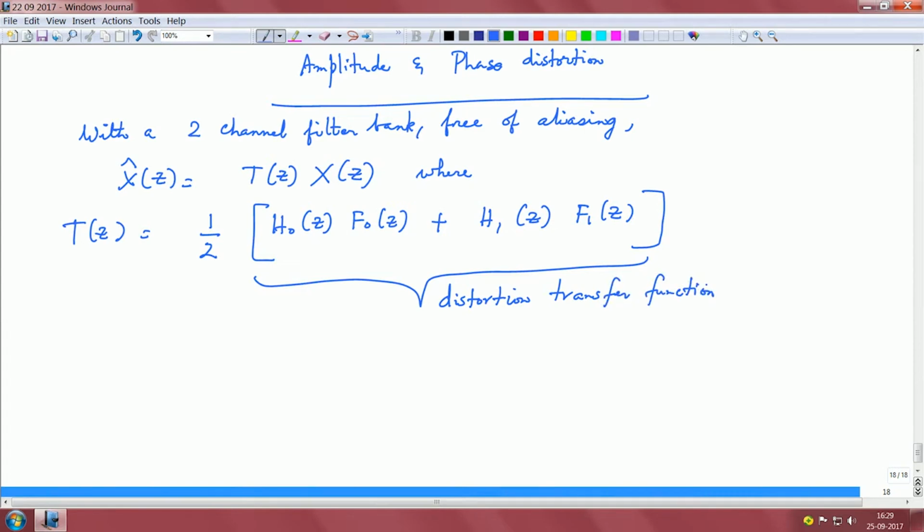Why? Obviously, as the name suggests, the signal X of z is distorted by this transfer function T of z.